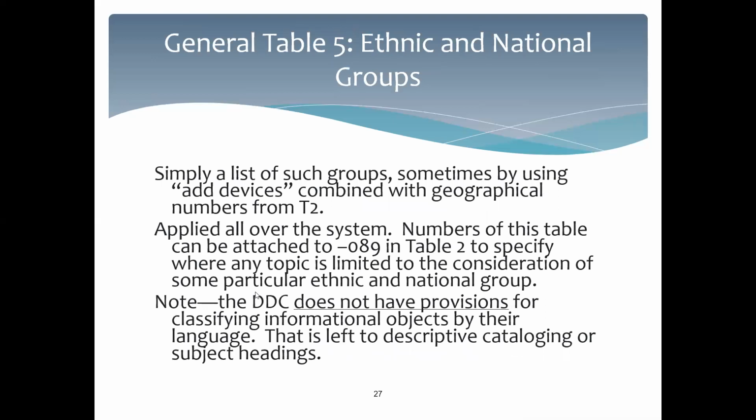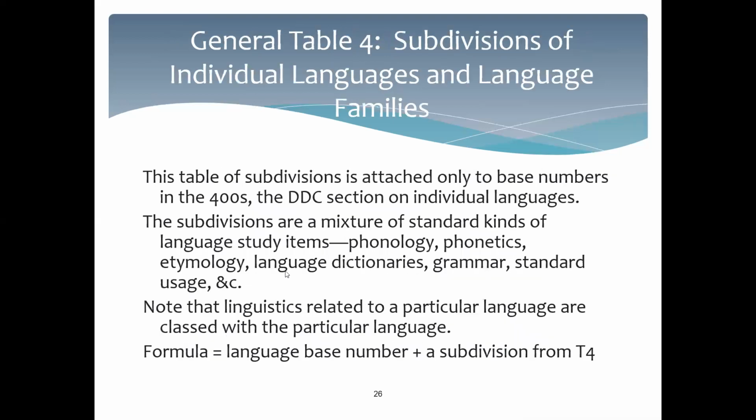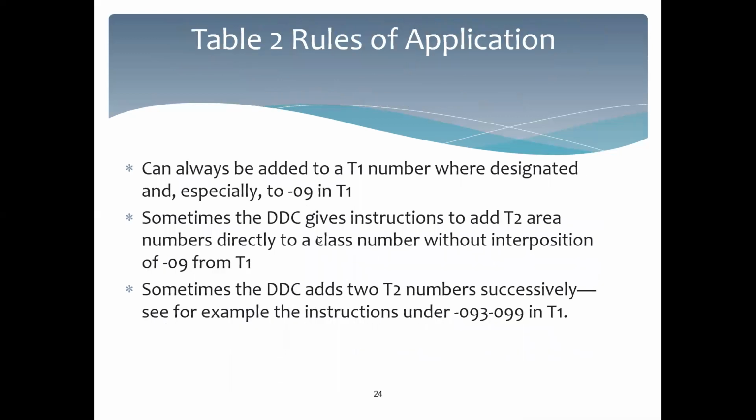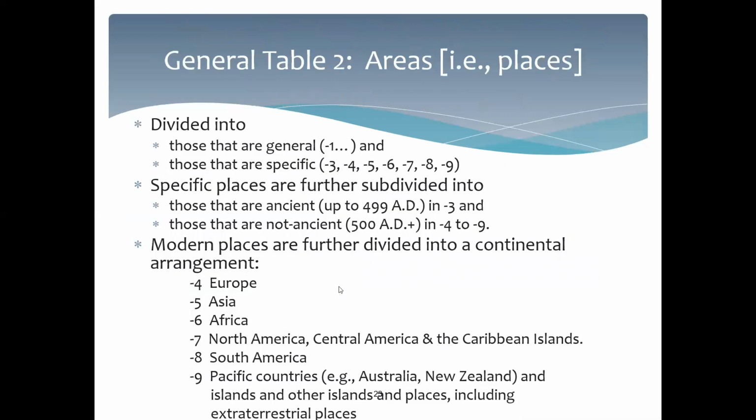You'll know when you're going to be working with Table 5, because that's when you're working with anything about people, or if you're working with individual languages and language families, you're also going to be looking at Table 4. And if you're working with literature, which is the 800s and a few places in the 700s, you're going to be looking at Table 3. Table 1 is for most general everything else. And then Table 2 is places.